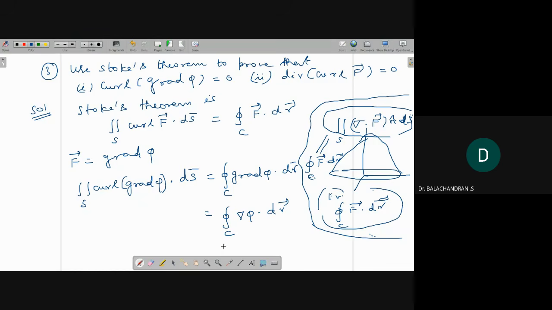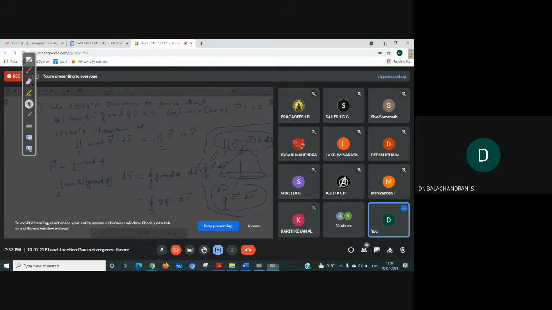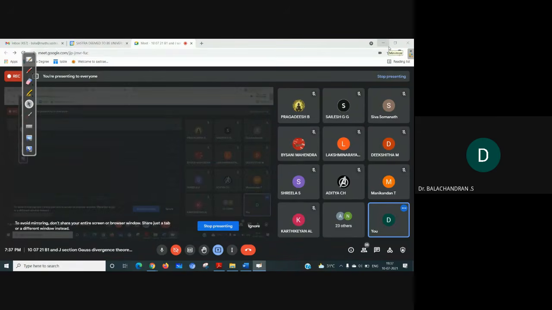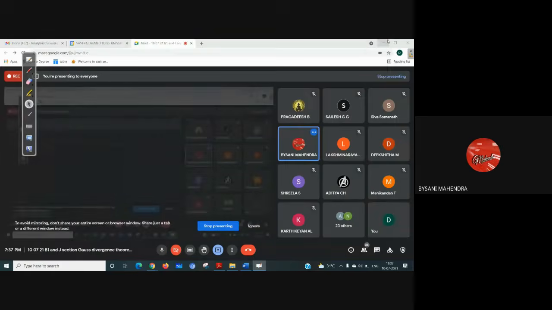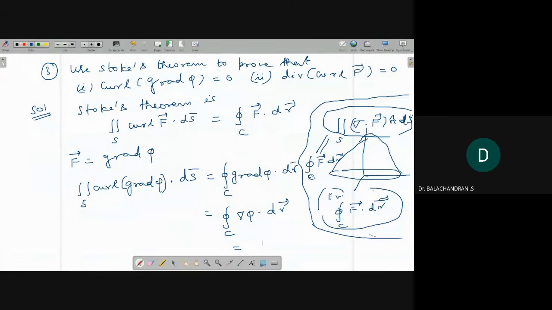What is del phi dot dr vector? It is d phi, yes, Mahendran is correct. So the integral over C of d phi.